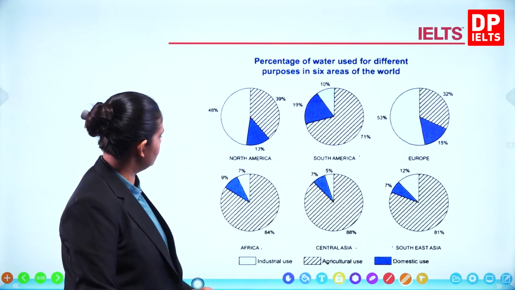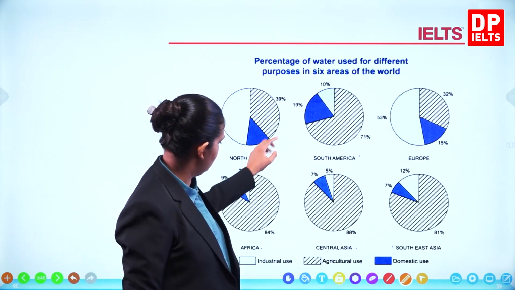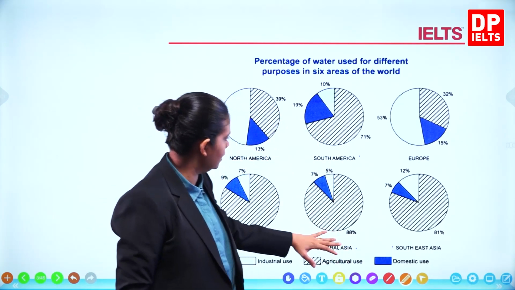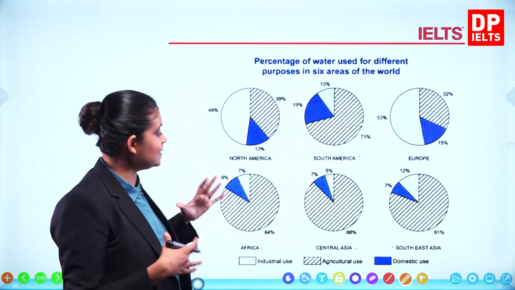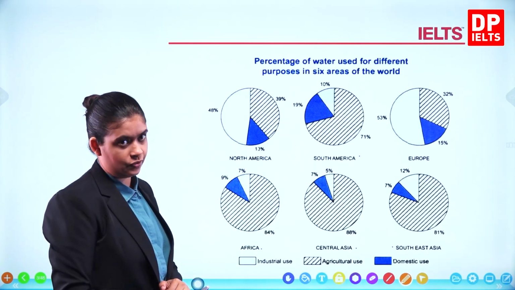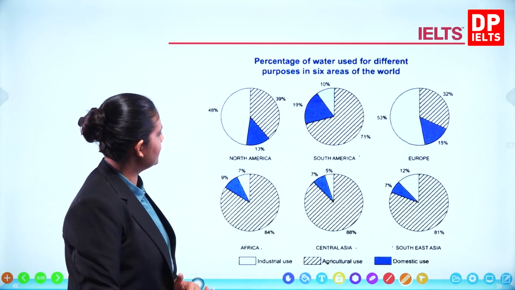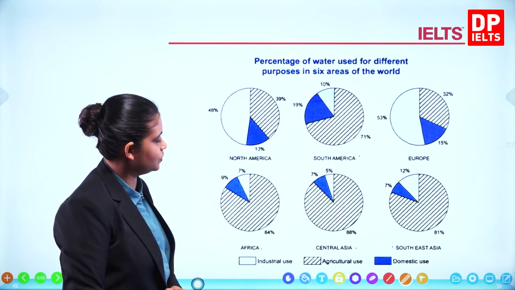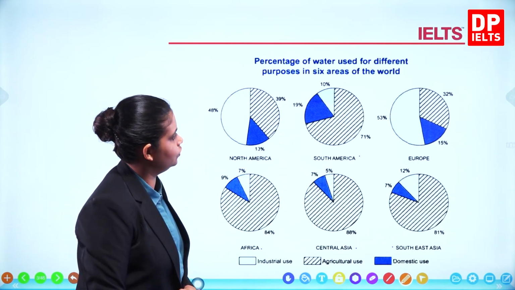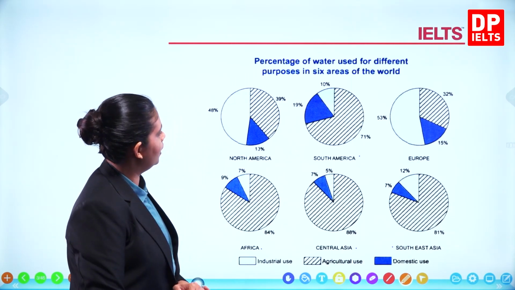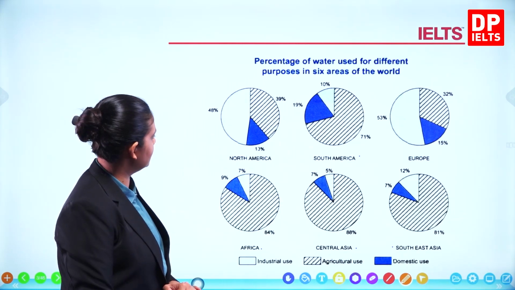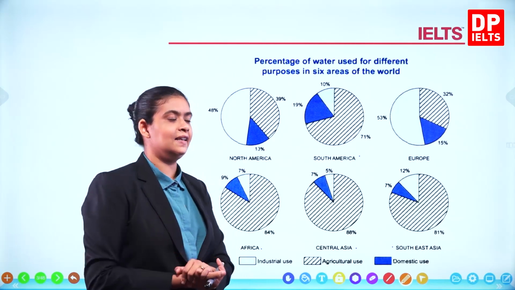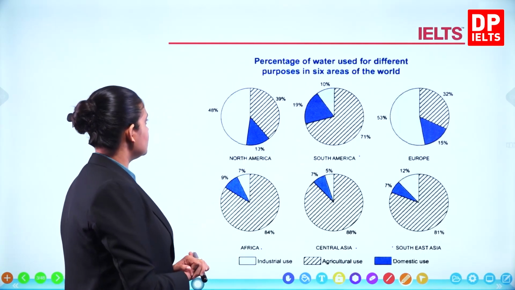Then when it comes to Africa, South America, Central Asia, they use the least amount for industrial use, right? Whereas in Southeast Asia, the least is used for domestic use. In Europe also it's domestic. In South America also it's domestic, and then North America also they use it for domestic purpose is the least one.